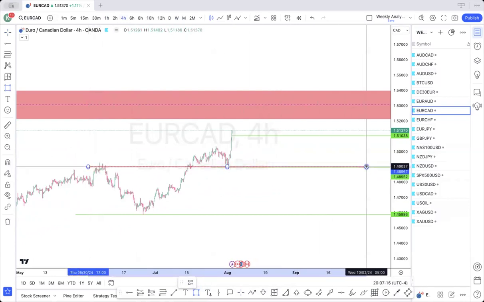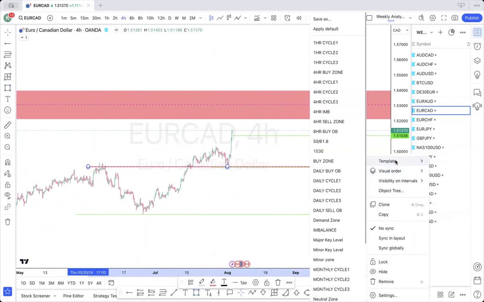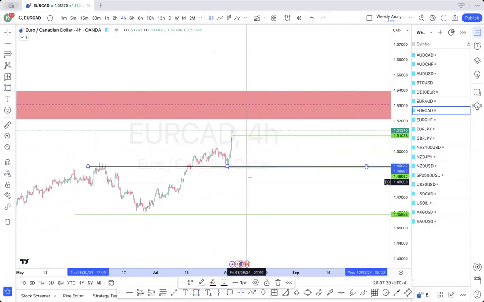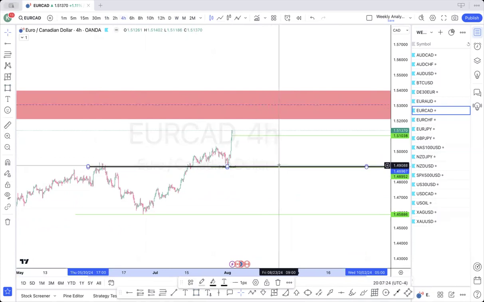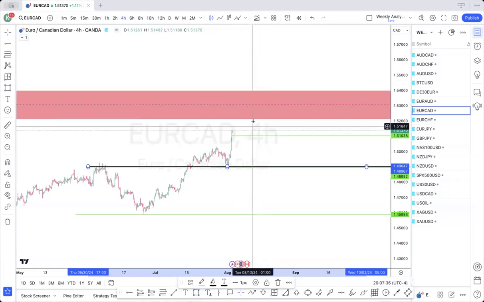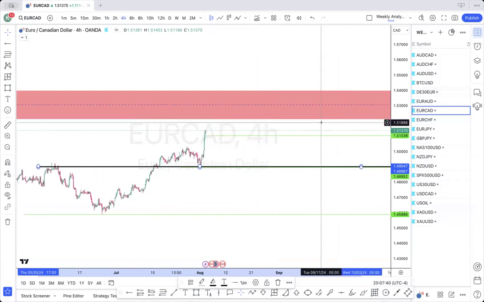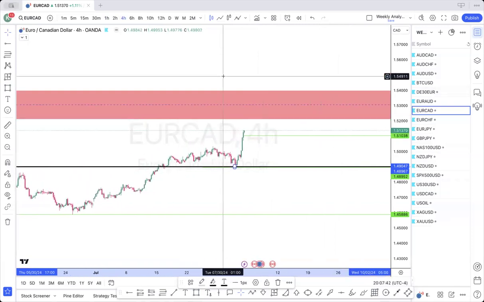From here to here is where you would trade it back down to. But you have to wait for confirmation of a change of character on the move. Okay, so that's EuroCAD.